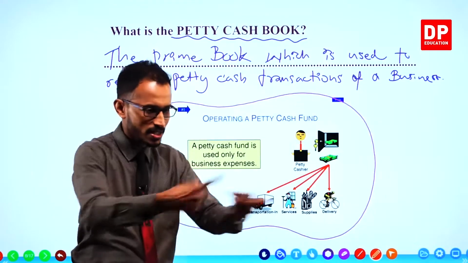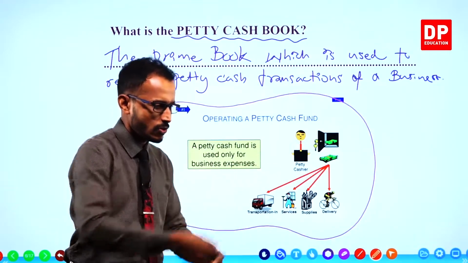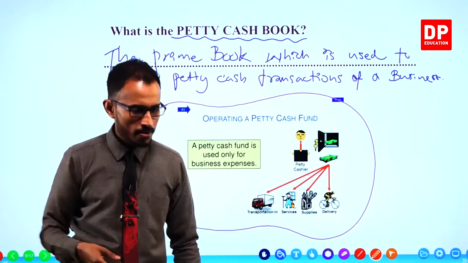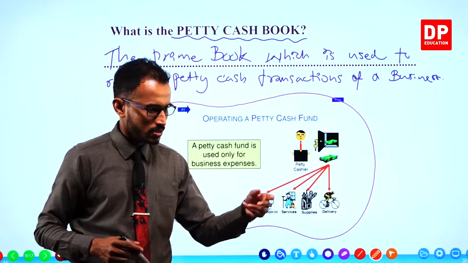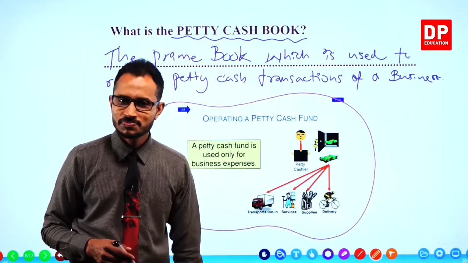That's what happens. He spends for petty cash expenses, for trishaw charges, for bus fare, to buy a Harpic and a toilet brush.